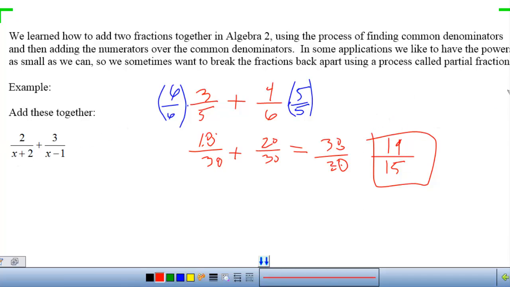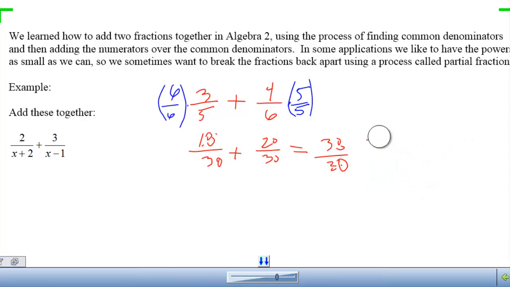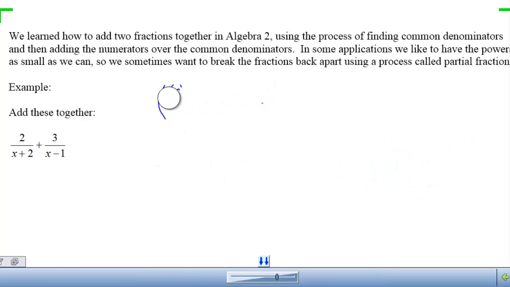So again, in this case, we're going to do the exact same thing. What we're really doing is multiplying them by a common denominator in order to produce a similar denominator in both terms.